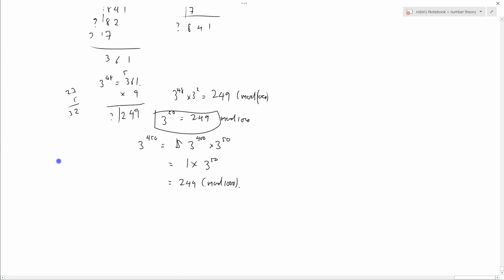So what we can say is that 3 to the power 450 equals, I've forgotten the answer, whatever it equalled, which I've lost, modulo 1000. Oh, it's here, look at it.